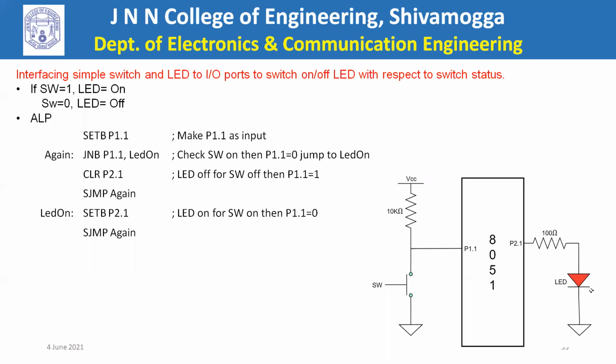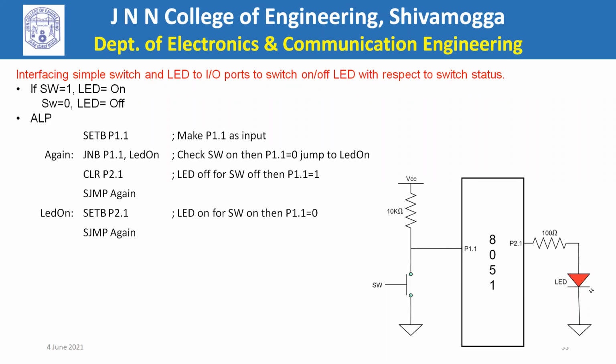When the switch is open, it will always read 1. So when P1.1 is 1, you have to switch off the LED, so CLR P2.1. When it is 0, it means the switch is pressed. Then you have to set P2.1 to switch on the LED. Very simple program.